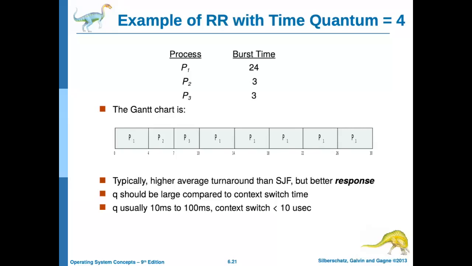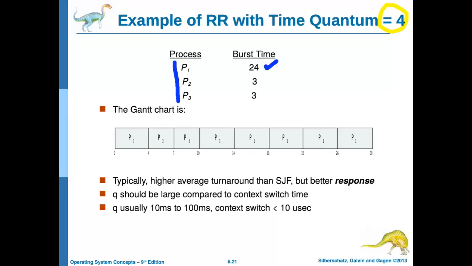Time quantum is equal to 4, and 3 processes are there. Burst times are 24, 3, and 3 respectively.